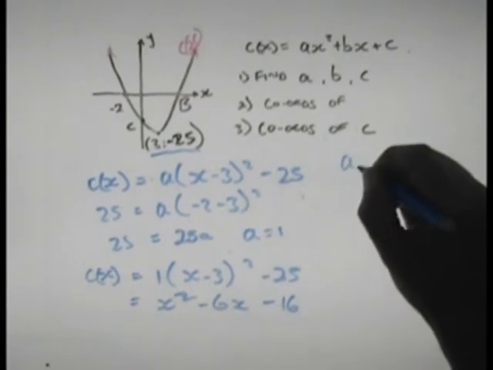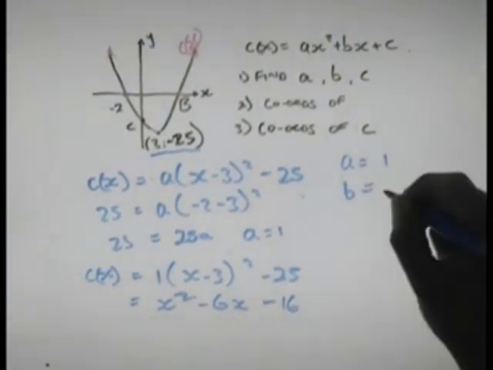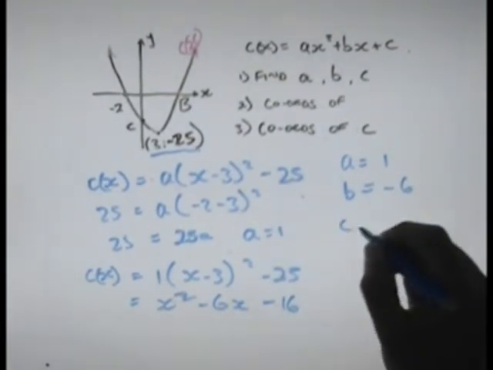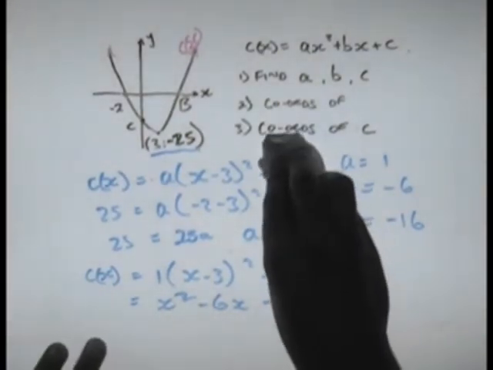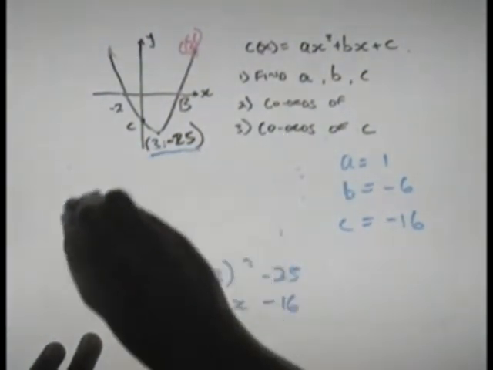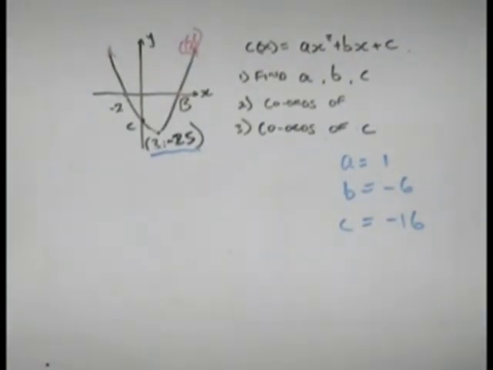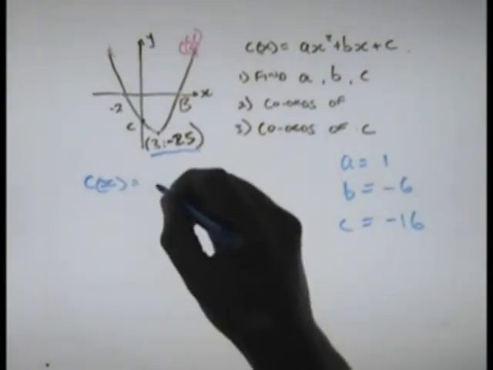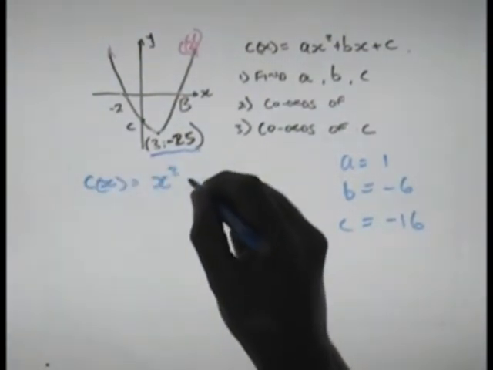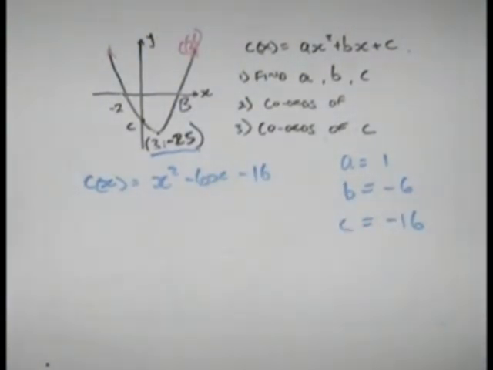That means that in this example, a is equal to 1, b is equal to negative 6, and c is equal to negative 16. I'm going to erase this so I don't lose my question. So c of x is in the form x squared minus 6x minus 16.